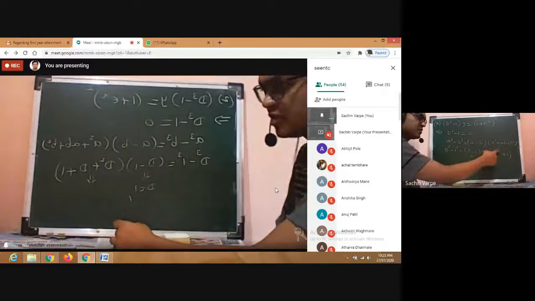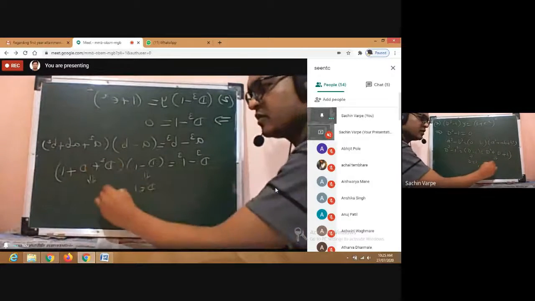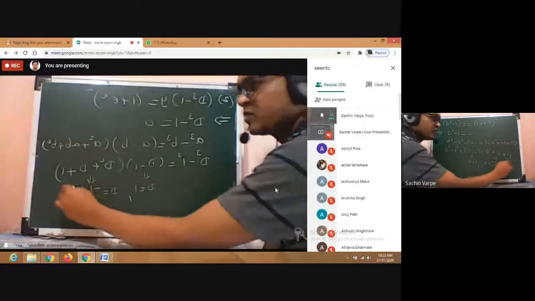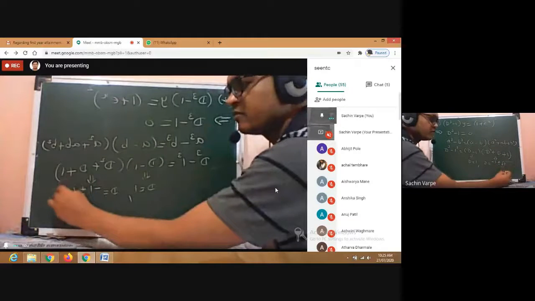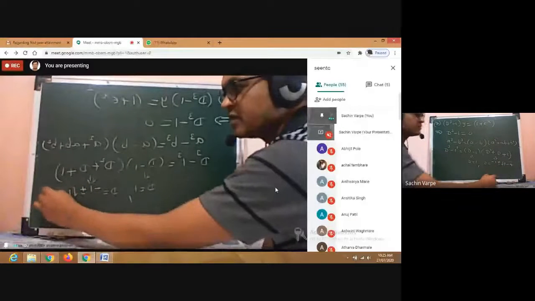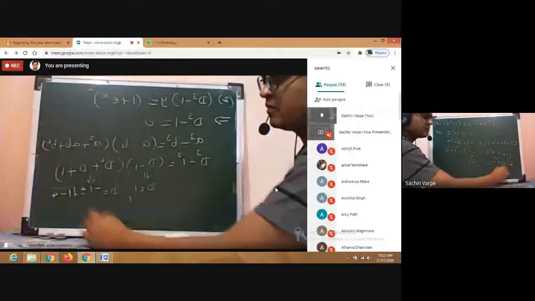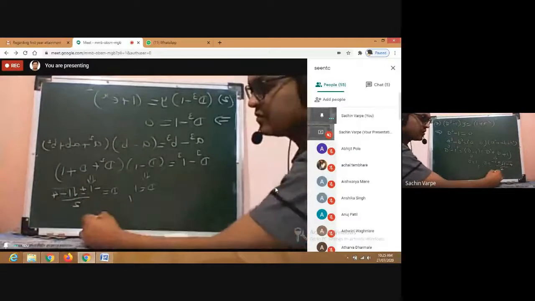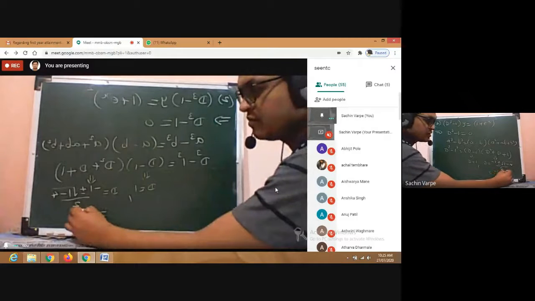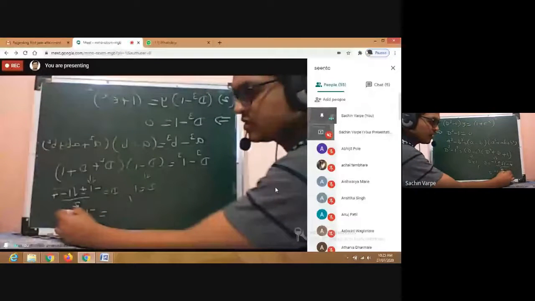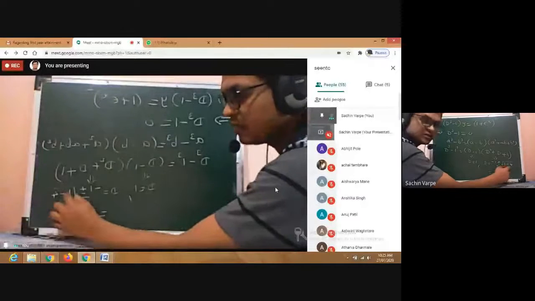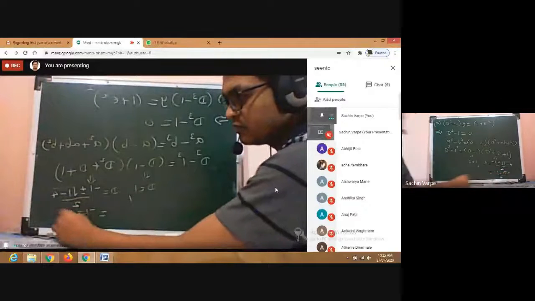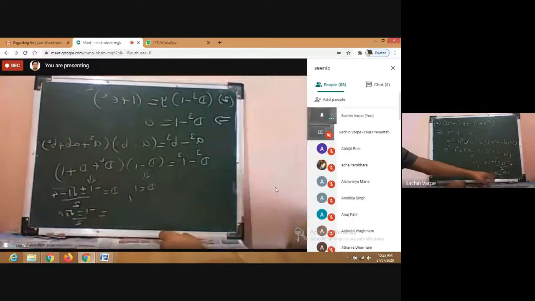Check, because by quadratic formula D equals minus b plus minus square root of b square minus 4ac upon 2a. That is equals to minus 1 plus minus root 3i, because minus 3 it is, and square root of minus 1 is i, upon 2.